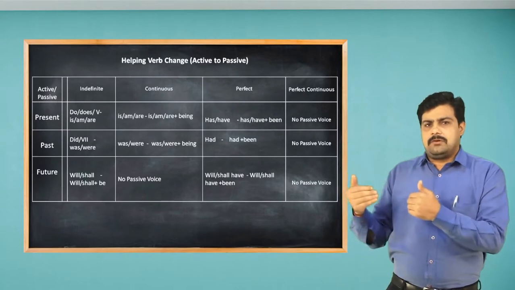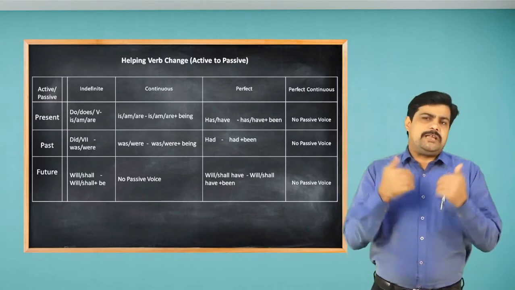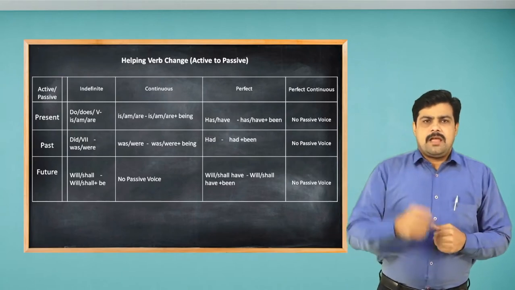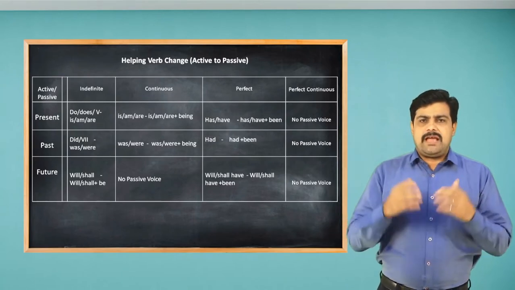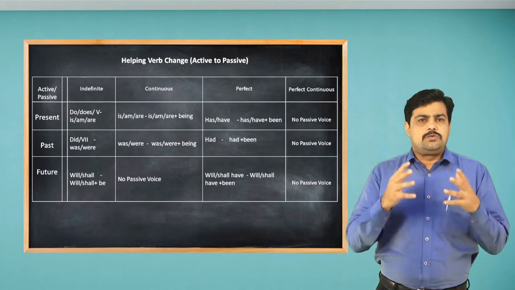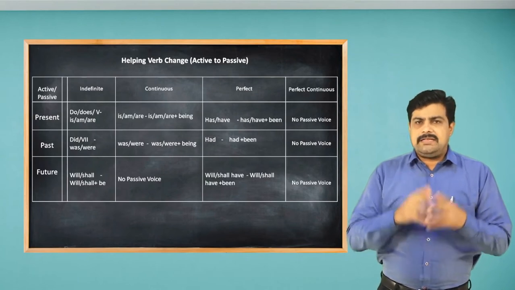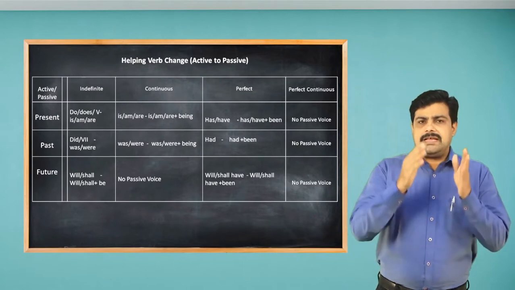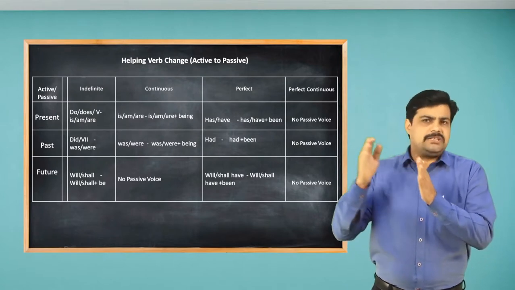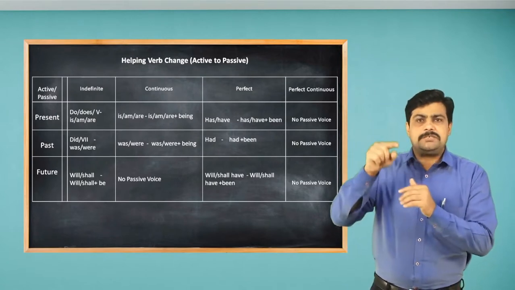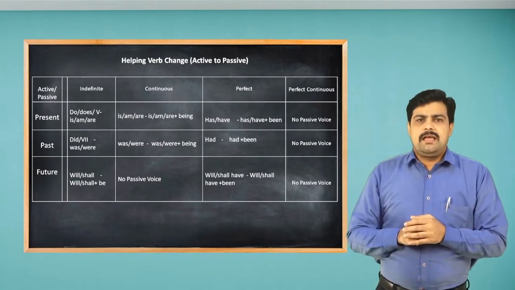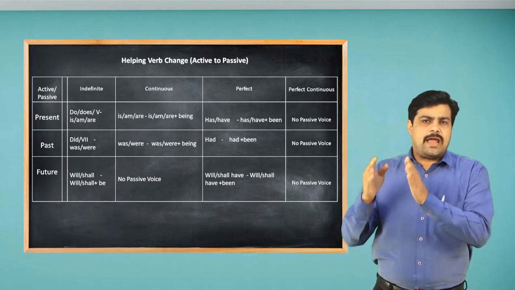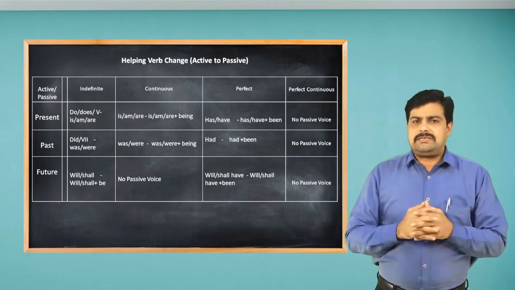Now see this table. Helping verbs change from active voice to passive voice. In present indefinite, you see we have helping verbs like do or does, and these are changed into is, am, are. Likewise, is, am, are are again changed into is, am, are plus being in passive voice. Has, have are changed into has or have plus been in perfect tense.